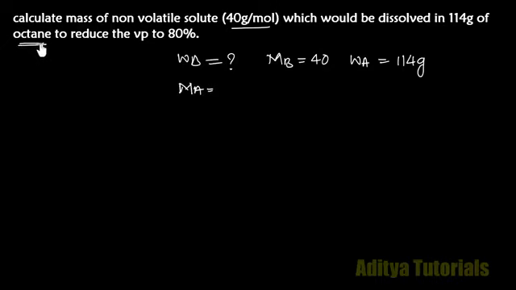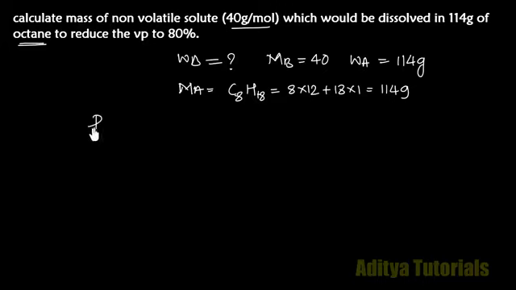The octane, the molecular formula is given by C8H18, and we get here 8 into 12 plus 18 into 1, that is equal to 114 grams. So molecular mass and given mass is same in this case. This is good, for the calculation it's going to help us.